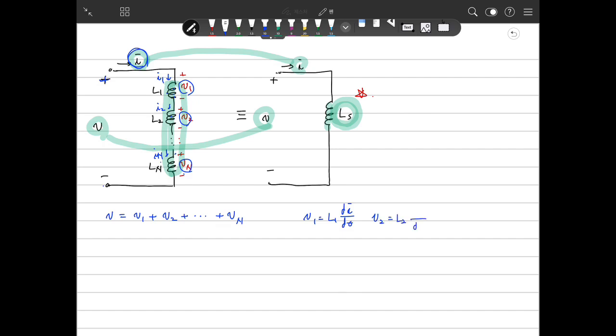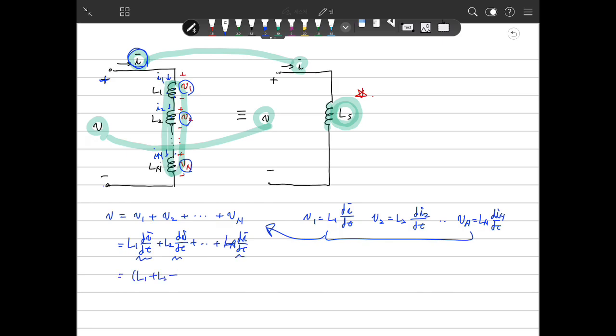So V1 is L1 dI/dt, V2 is L2 dI/dt, and Vn is Ln dI/dt. So adding them, L1 dI/dt plus L2 dI/dt plus Ln dI/dt. So dI/dt is common. So this is (L1 plus L2 plus Ln) dI/dt.